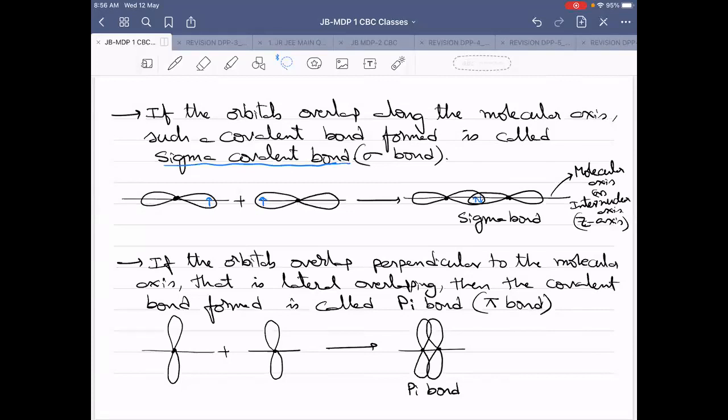Ritesh, Rahul, Bhaskar, Jayveer. Ritesh, are you there? We are waiting for you only. Very good.